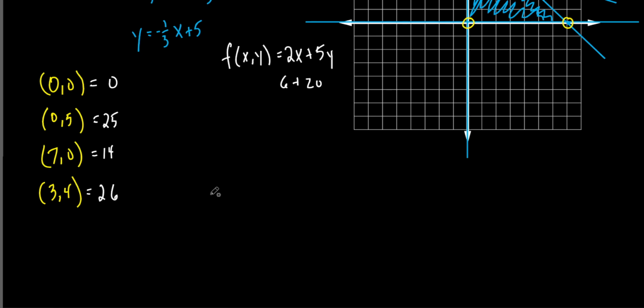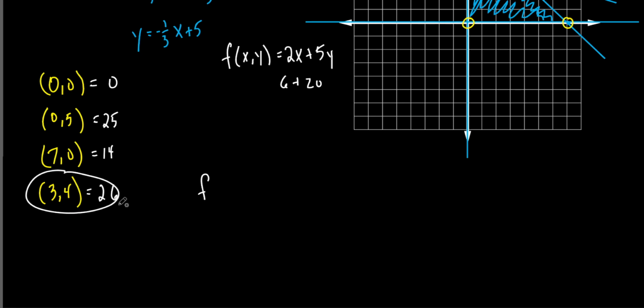Actually, I think the maximum is 26 at the point 3, 4. I think that's kind of how they write the answer. I would do them both. Okay, show me the point and show me what the maximum number actually is. So show me both of those.